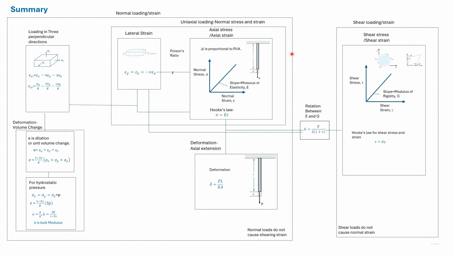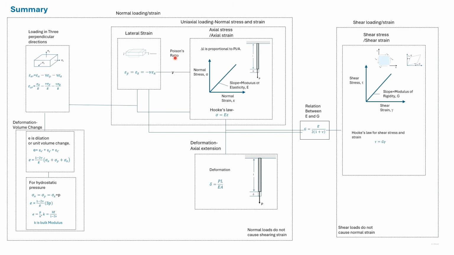When load is applied to a bar such as shown here, then the bar undergoes a reduction in area in the lateral direction. Lateral strain is the change in length in the lateral direction compared to the original length also in the lateral direction. Axial strain and lateral strain are connected by Poisson's ratio.